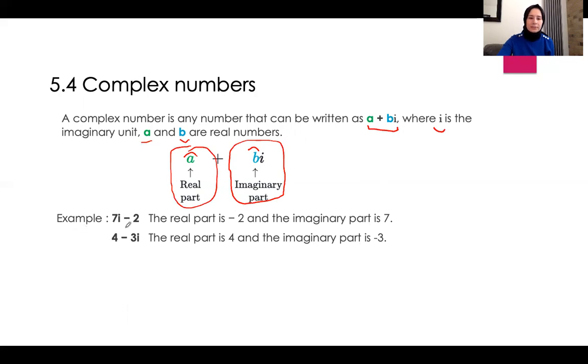Let's look at these examples here. We have 7i minus 2. The real part is minus 2, and the imaginary part is 7. And we have 4 minus 3i. The real part is 4, and the imaginary part is negative 3.